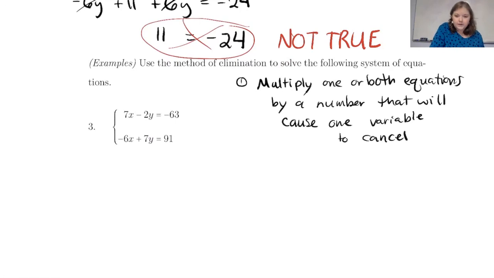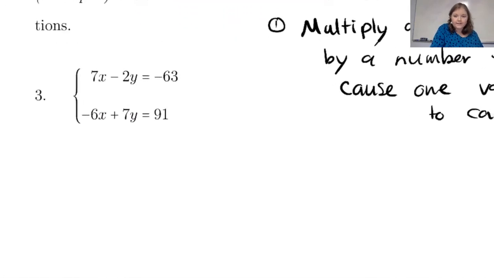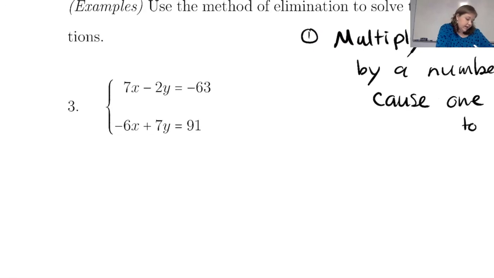Okay, so I'm going to show you what I mean by that. So in this one, we're going to have to multiply both equations. So I'm going to pick a variable to cancel and work on multiplying the equations by something that's going to cancel it. So in this one, I want to cancel my x. I want to get rid of the x and only have y's.